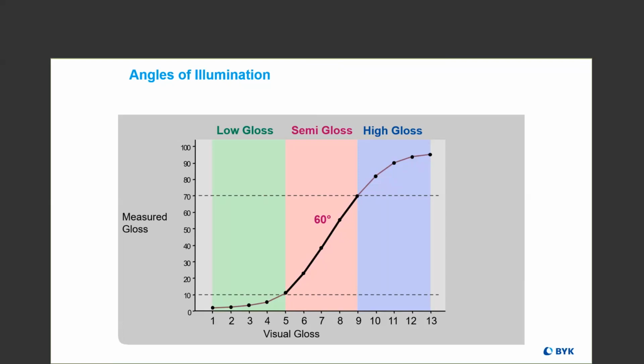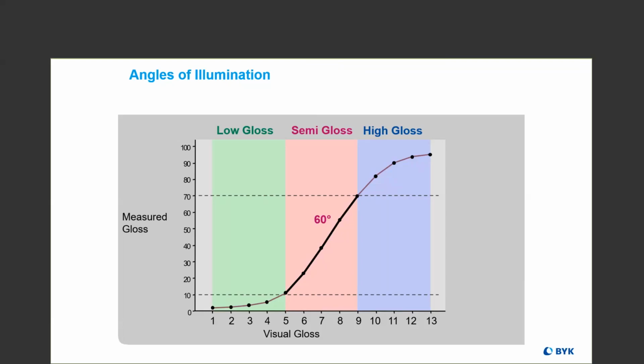So equal steps in visual gloss from 1 to 13 on the horizontal axis, and then on the vertical axis, we have measured gloss in gloss units. Gloss units is the common scale used for measuring and giving gloss numbers. So we can see here the 60-degree measurements of each of these 13 gloss panels.